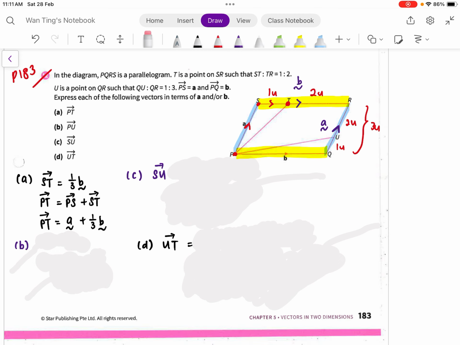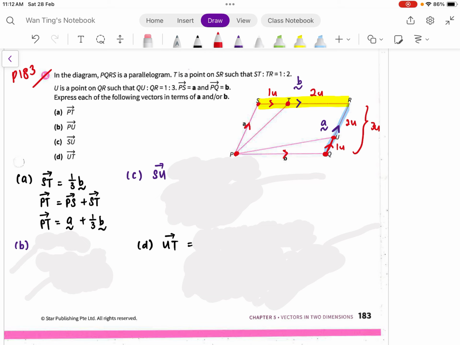Next question is asking for PU. Same thing, I will walk from P to Q, Q to U. P to Q we know is vector B, but we need to find Q to U. So what is the vector of QU?